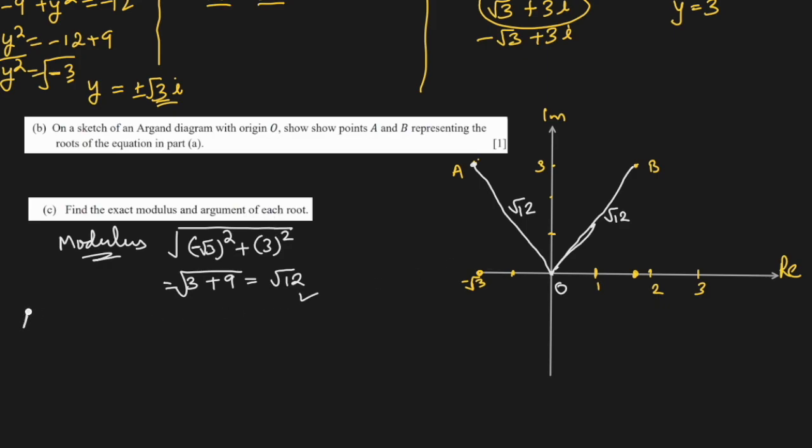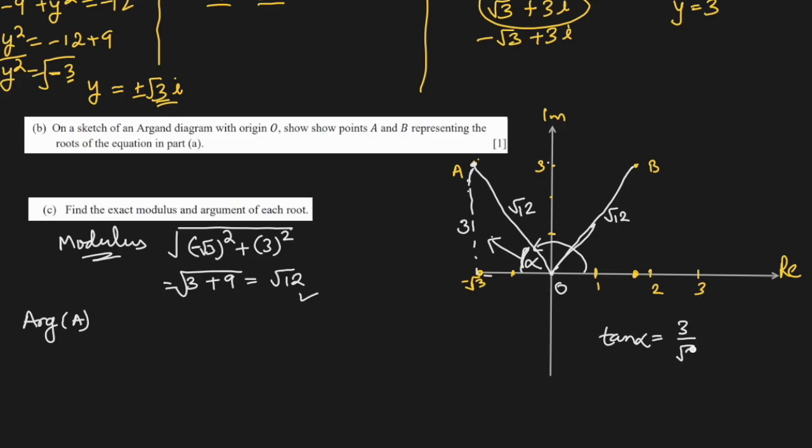What about argument? Arguments will be different. Argument of, let's say, A, will be from here till here. If I complete this triangle downwards and find this angle, let's call this angle alpha. Tan alpha will be opposite over adjacent. The side opposite to alpha is 3, divided by adjacent, which is square root 3.